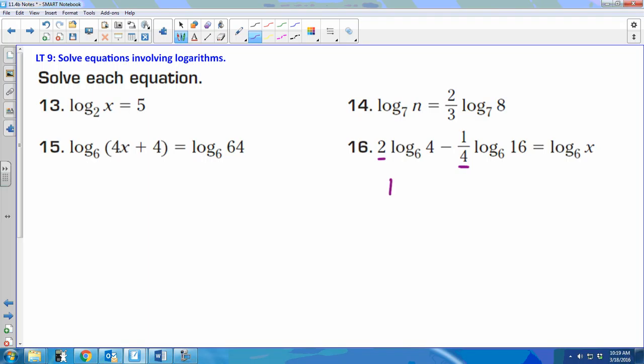So I can rewrite this as log base 6 of 4 squared minus log base 6 of 16 to the 1/4. Any questions about that step? Then I can go ahead and simplify what that is. That's log base 6 of 16 minus log base 6 of 2, the 4th root of 16.